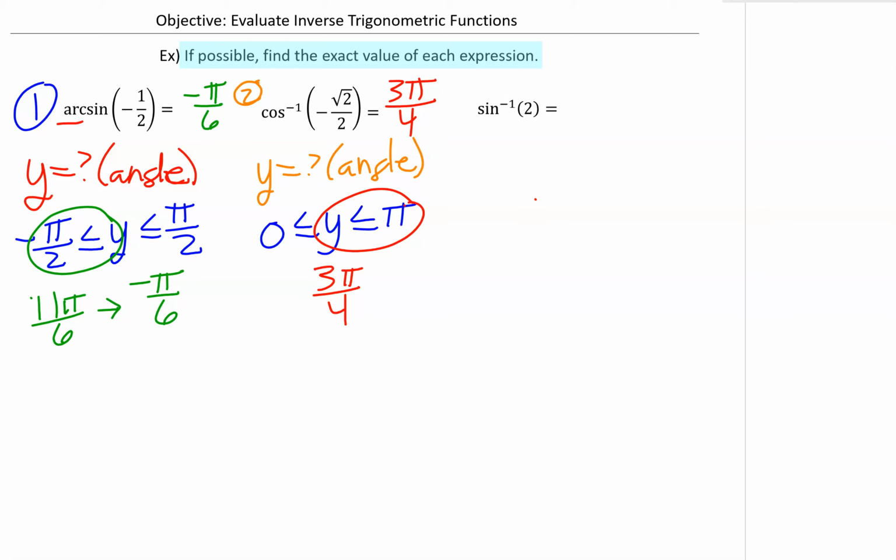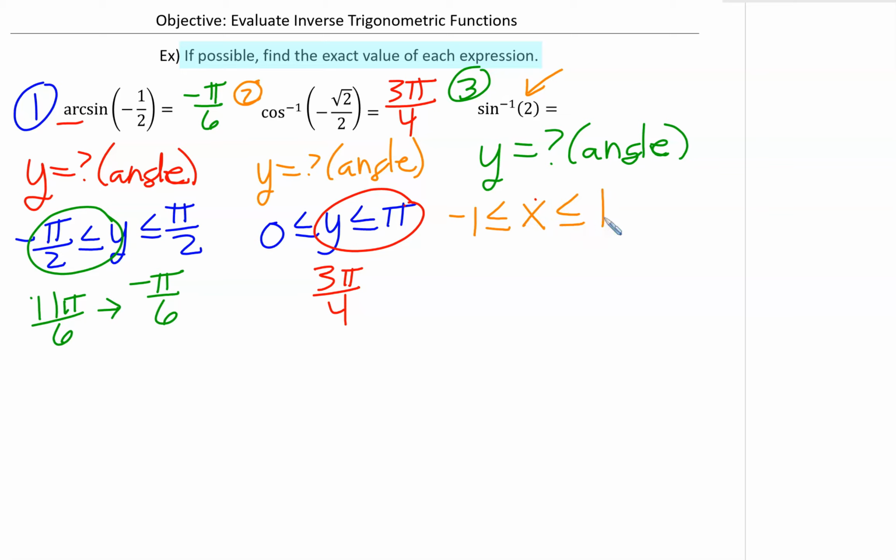Looking at our third one here, again we have an inverse function: sine inverse of 2. Here again, we'd be looking for an angle in which our sine ratio would be 2. We have to remember that the range of the sine function, our ratios, only goes to positive 1.